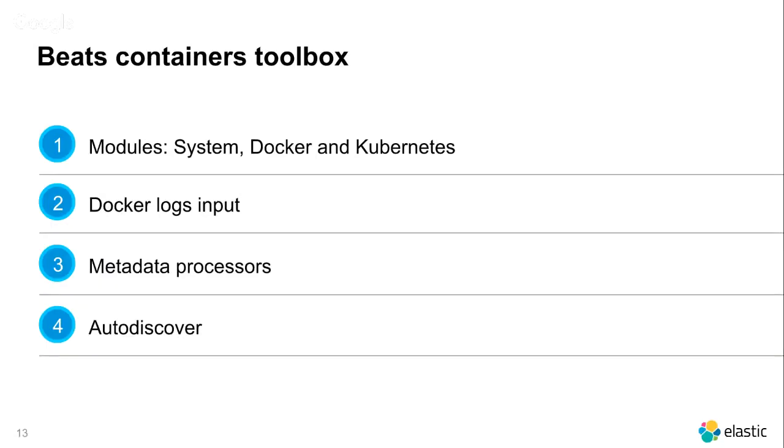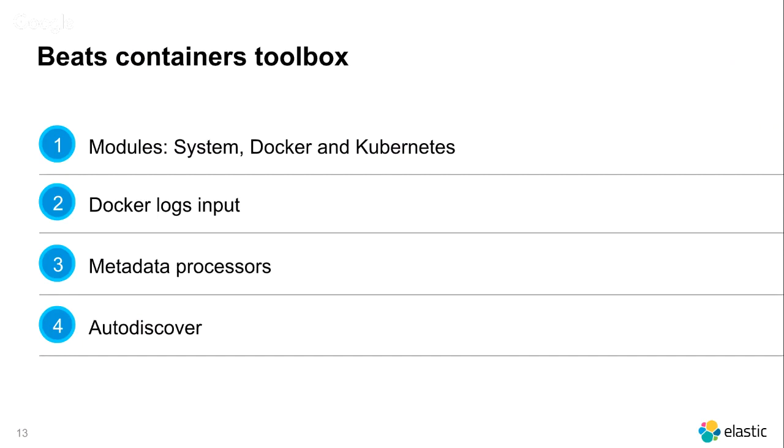And this is a toolbox that we have put in Beats, in all the different Beats, that you can leverage when using container infrastructure. We are going to be talking about logs, like retrieving logs from your containers, and also about retrieving metrics and doing monitoring.